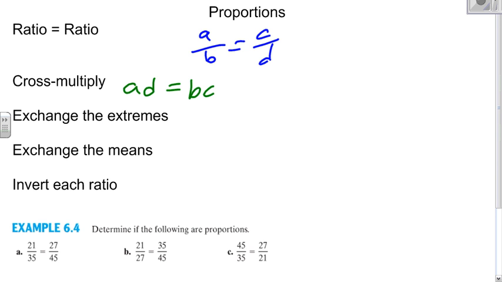You can also exchange the extremes or the means.